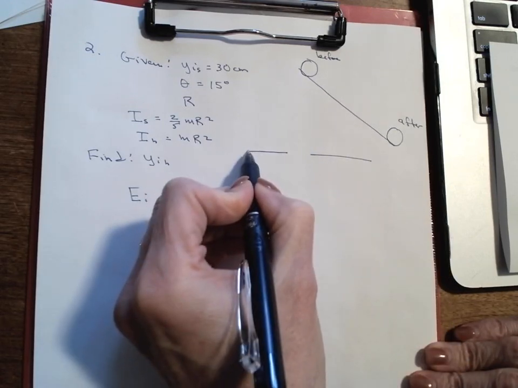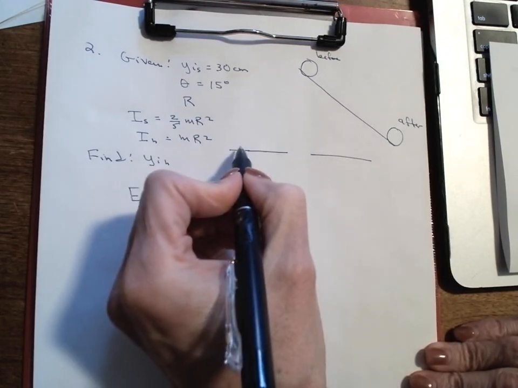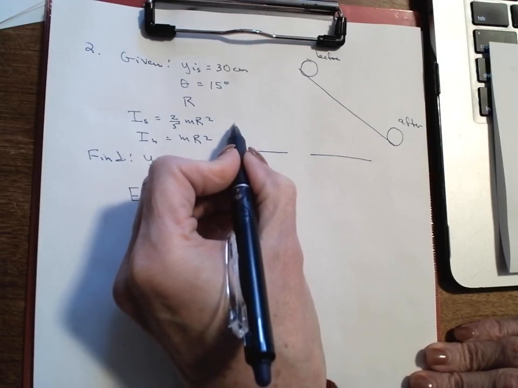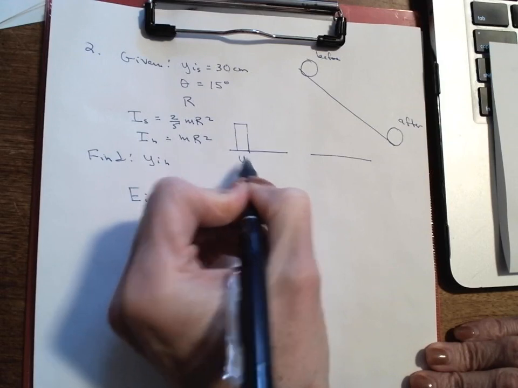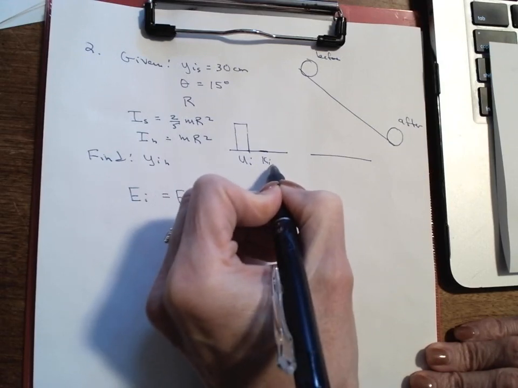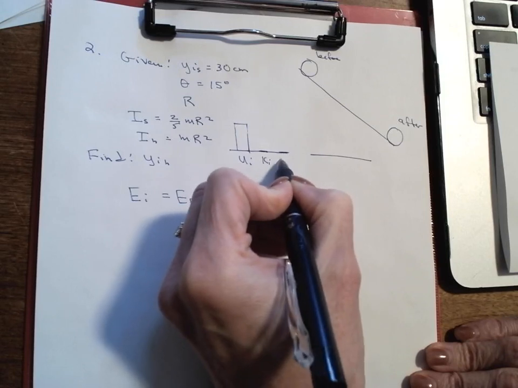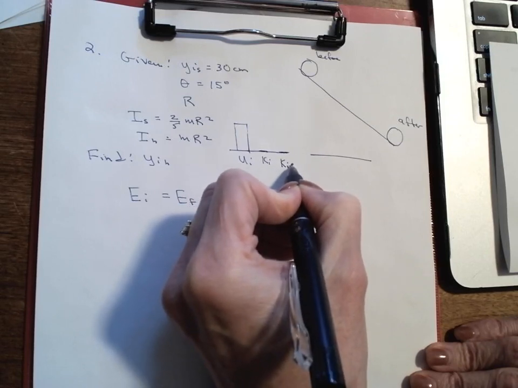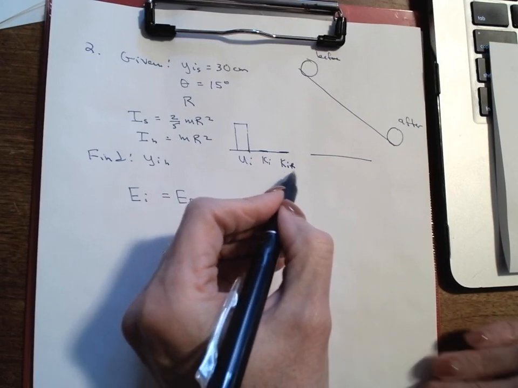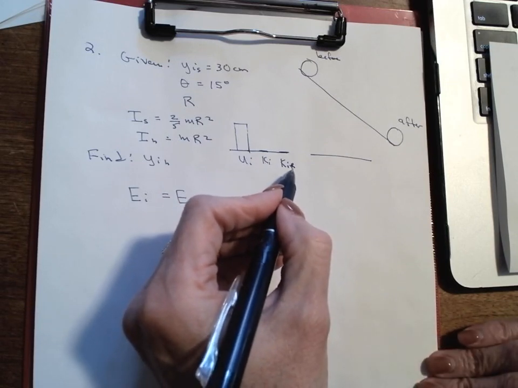So before, we have all potential energy and no kinetic energy. So we have U initial, and then we have nothing for K initial translational or K initial rotational. I'm going to say K is my translational like we've always used, and I'm adding this R to show that it's rotational.